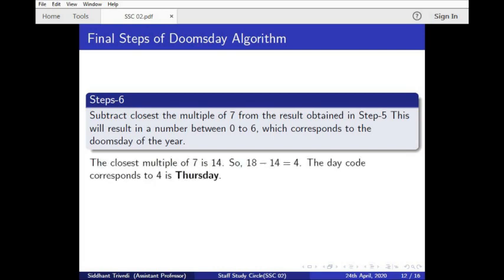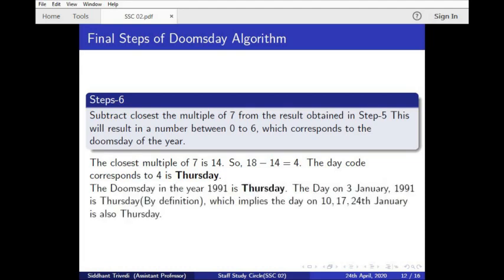The closest multiple of 7 is 14. That's why the difference between 18 and 14 is 4. Therefore, 4 is the code which represents Thursday. The Doomsday for the year 1991 is Thursday.